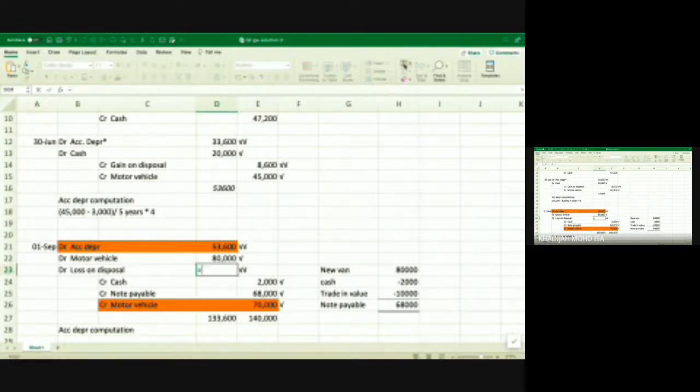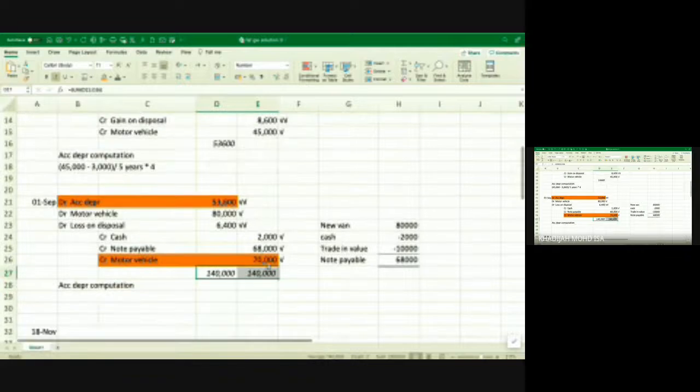The value is 140 minus the sum of the other side, that's how you get 6,400. Okay, anyone not clear about this? How you have a disposal and a trade-in value?